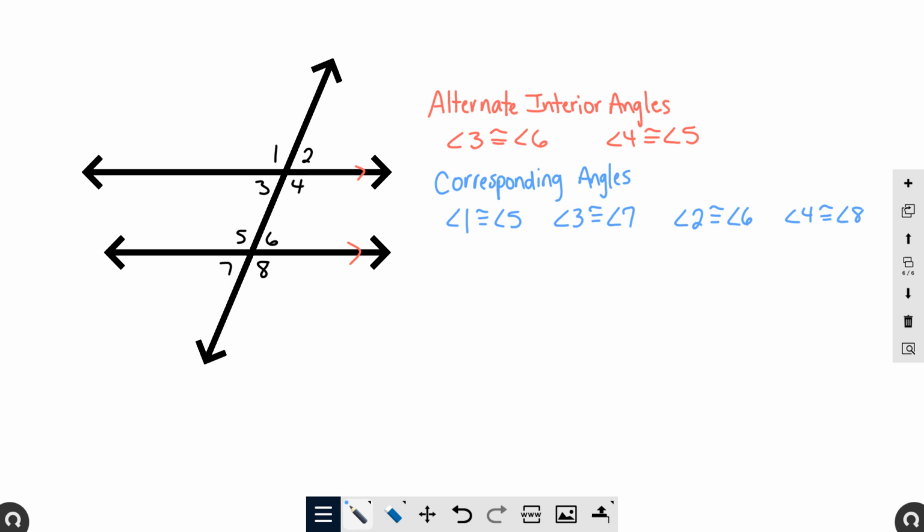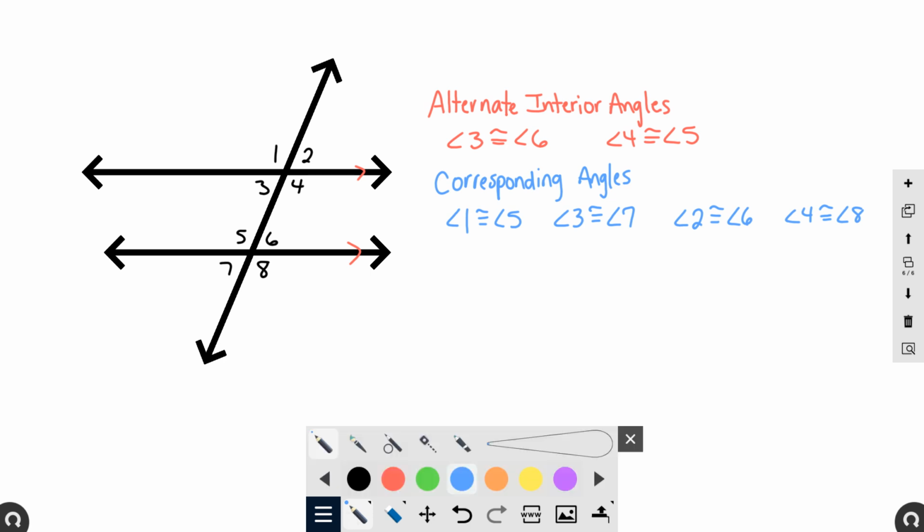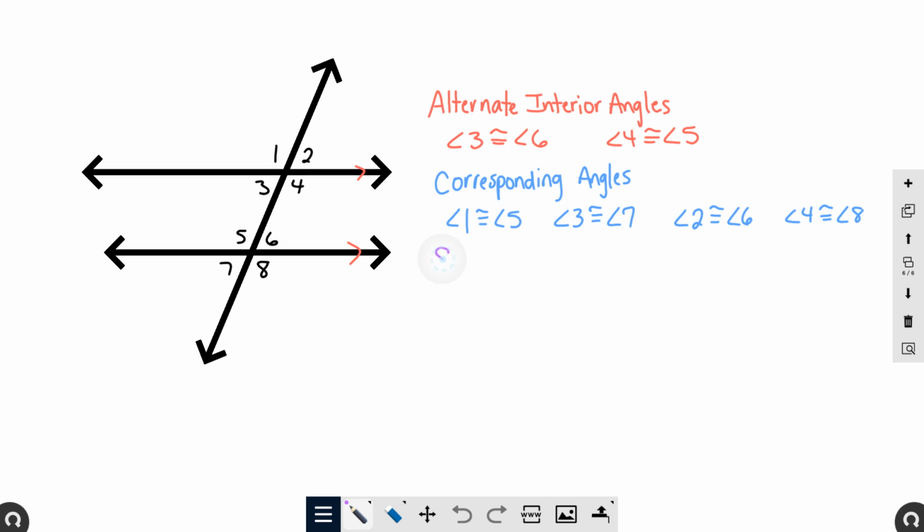Now, our third kind of angles are same side interior. And same side interior are supplementary. Yep. So now we're going to add some angles to equal 180. And there are 2 pairs of same side interior angles.